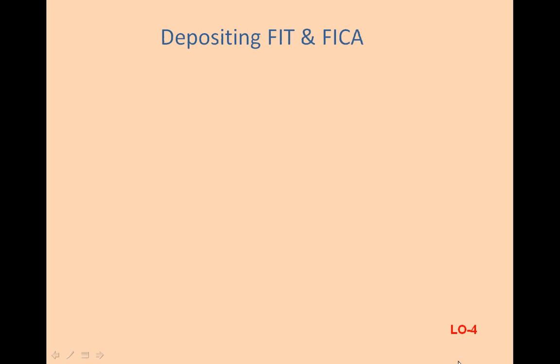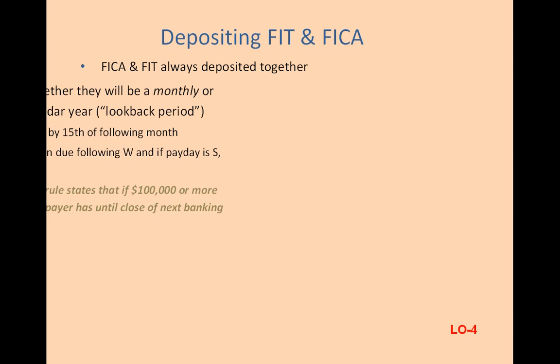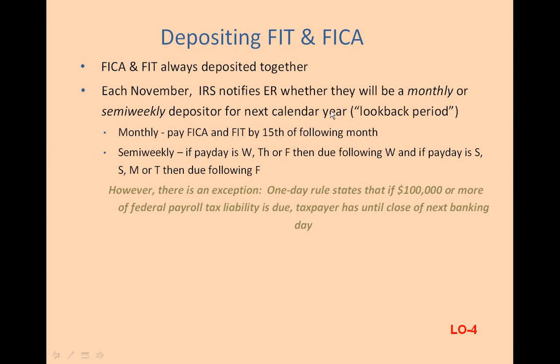Okay, here let's talk briefly about the depositing requirements for federal income tax and FICA deposits. They're always combined together when the deposits are made. Social Security and income tax go together in those deposits. You're notified whether you will be a monthly or semi-weekly depositor, and they use a look back.